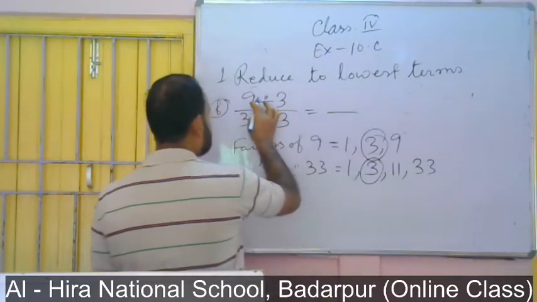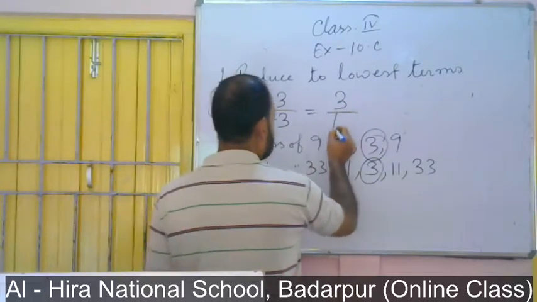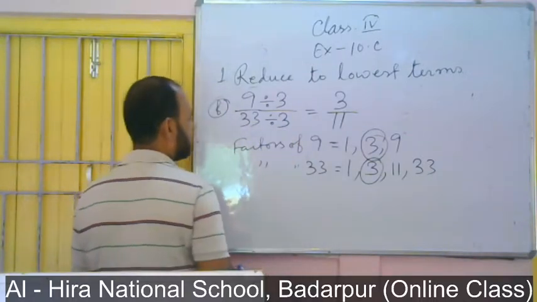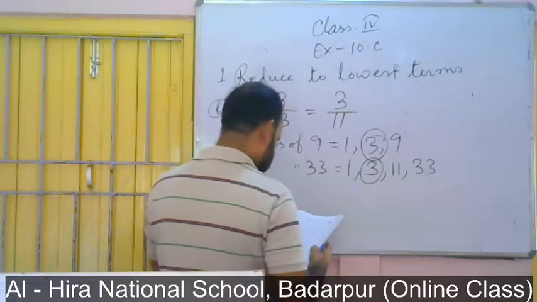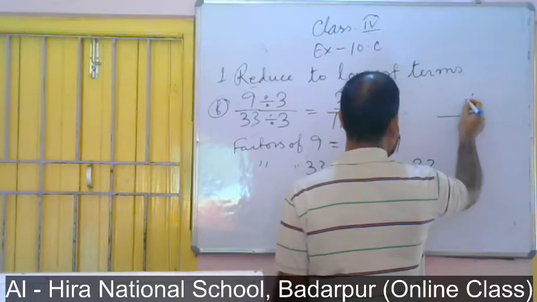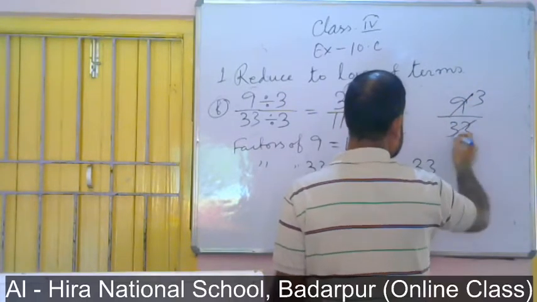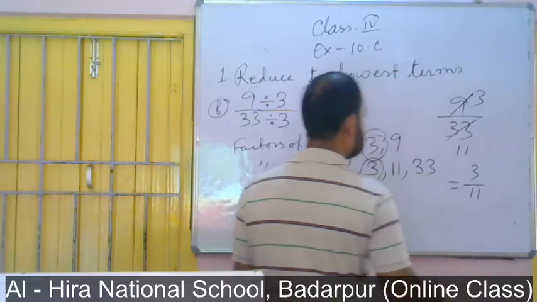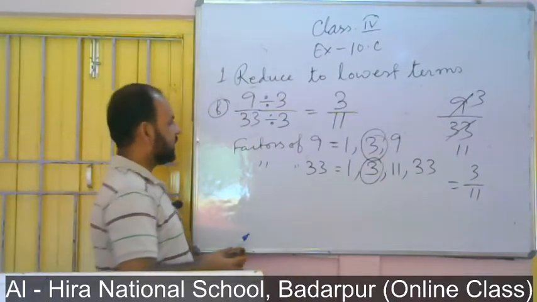Now 3 times 3 is 9 and 3 times 11 is 33. So the answer, the lowest term, is 3 by 11. Answer is 3 by 11. Next, question number G.